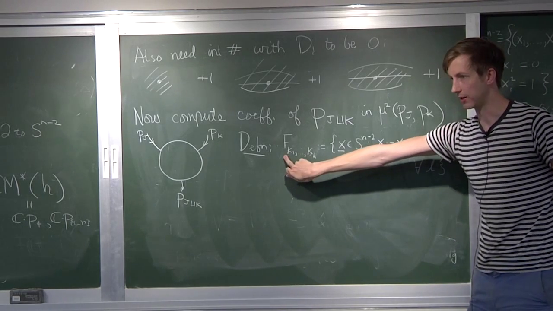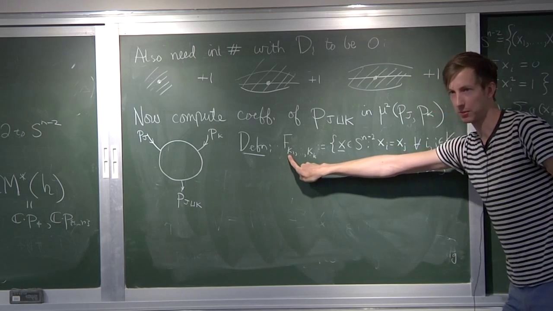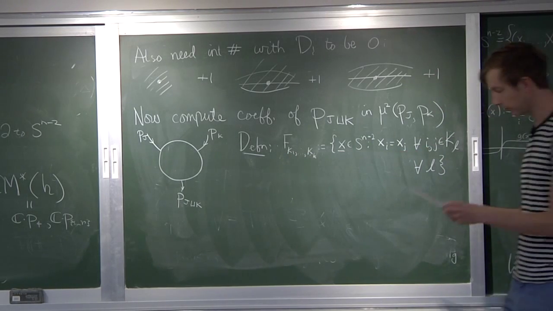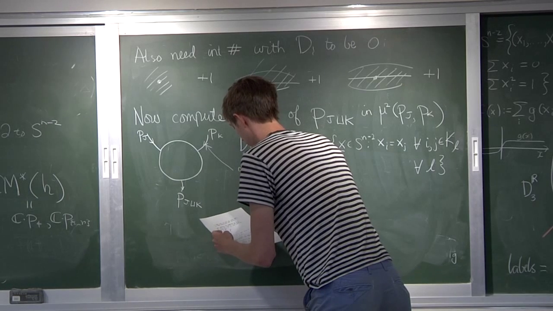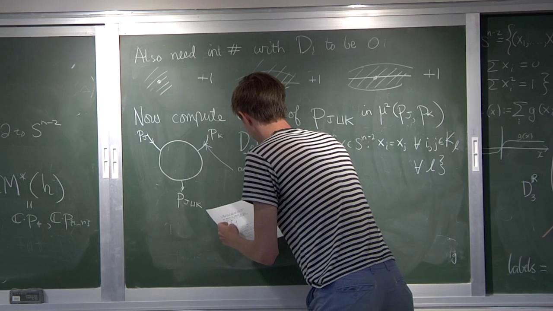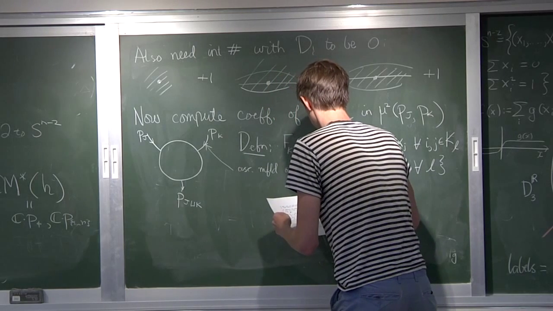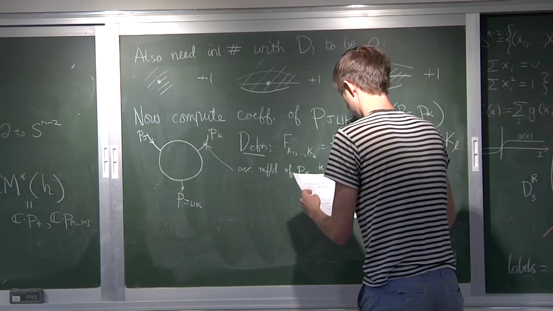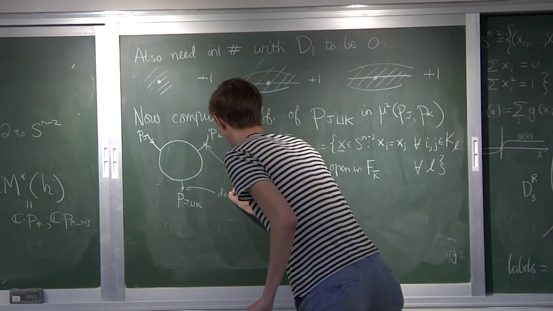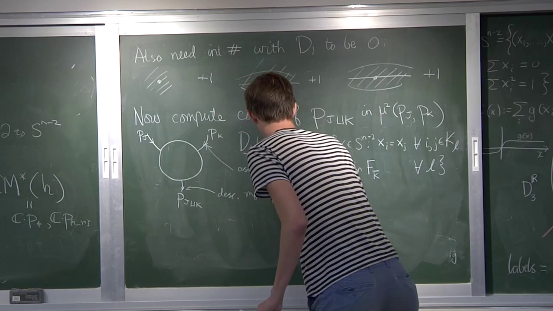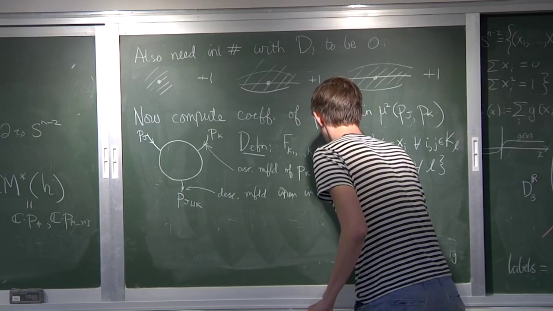The subsets are indexed by a bunch of subsets K1 through Kk, and it's the subset so that for each of these subsets, all of the corresponding coordinates are equal.